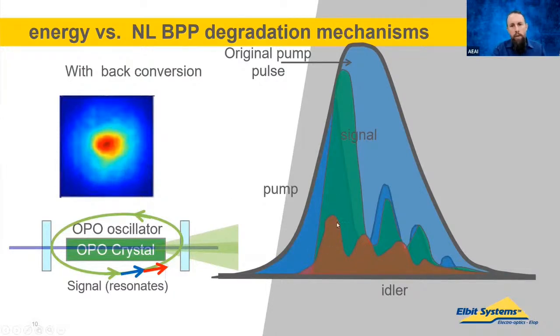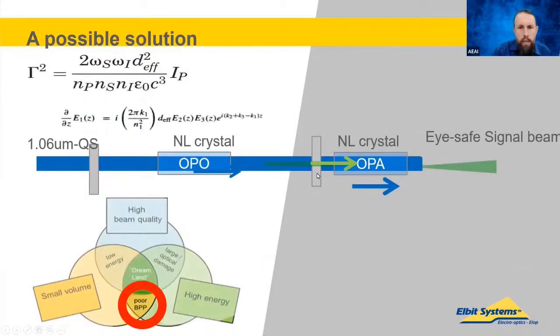So if we have a considerable amount of signal and idler, we're going to have a back conversion process, which means the energy of the signal and the idler generate an energy of the pump. So we're going to have a degradation of the BPP, of the beam product, due to the nonlinear process.